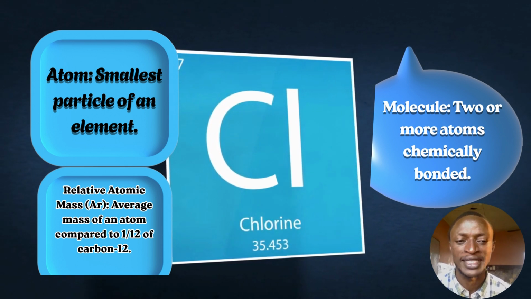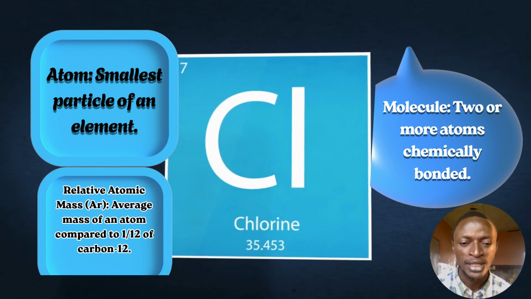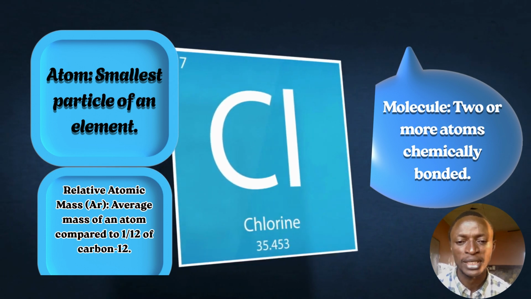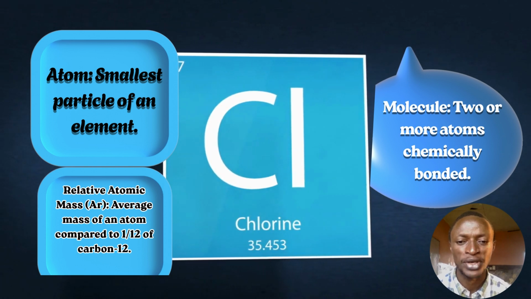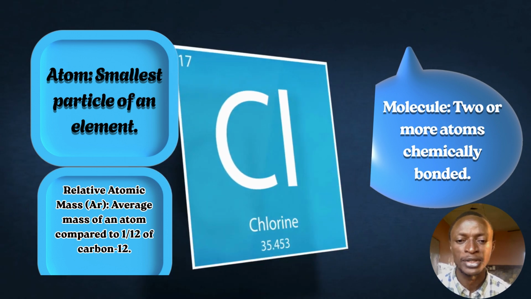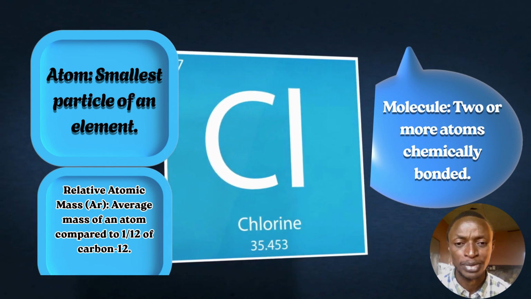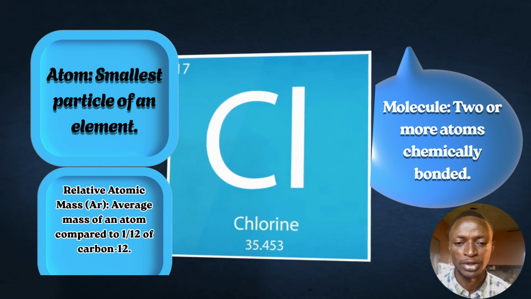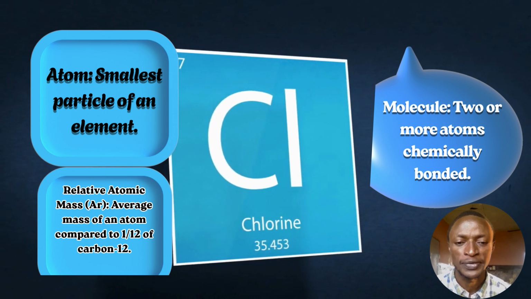Now, carbon-12 is a stable element that is non-radioactive, and it is most abundant. You can see it in so many compounds, and since it's stable, we can compare its mass with the mass of other elements. With the method of spectrophotometry, the masses of elements are calculated in comparison with that of the carbon-12 isotope.